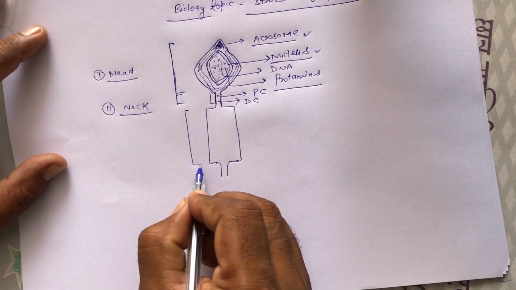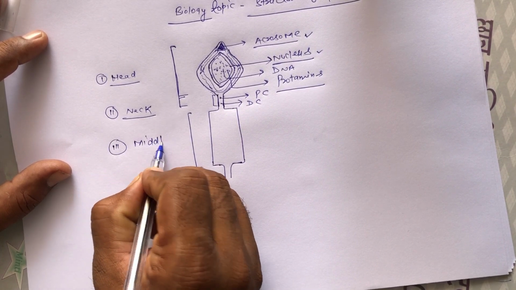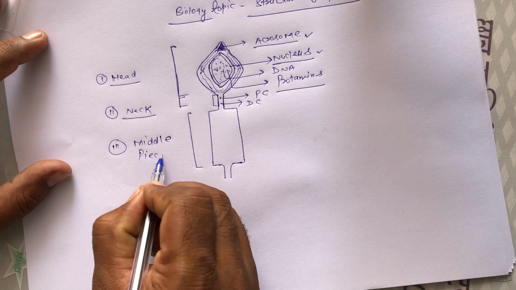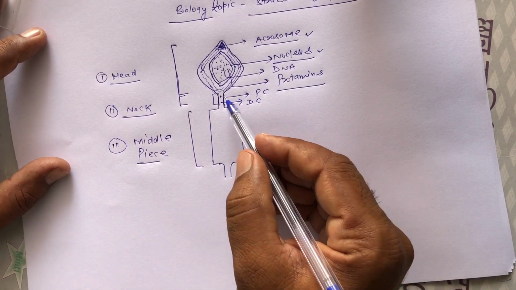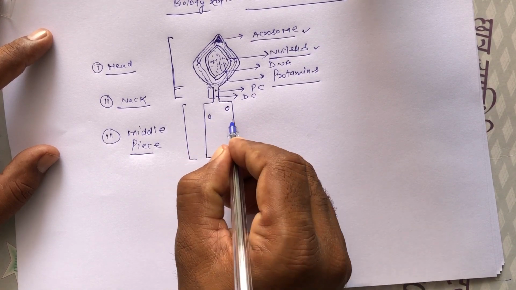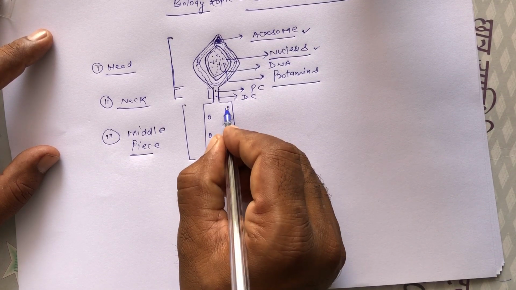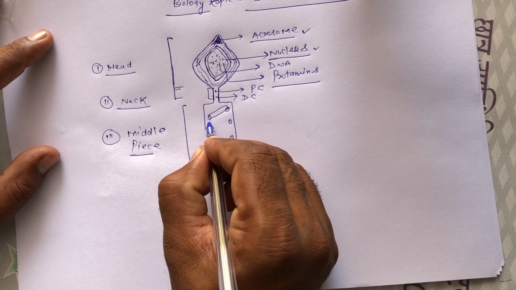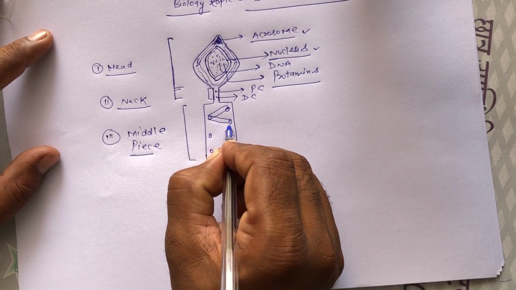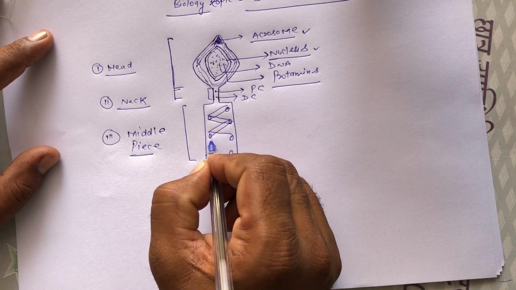This part is the middle piece. The middle piece is located between the neck and tail. In the middle piece, mitochondria are arranged in a spiral or ribbon shape form.